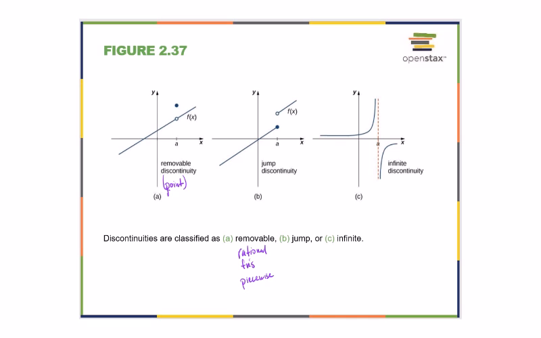All right, jump discontinuities. I can't think of another term that I've heard for jump discontinuities, but if you think of one or you've heard one, bring it to class. Jump discontinuities happen with piecewise functions, probably the most common. They can also happen with absolute value functions.